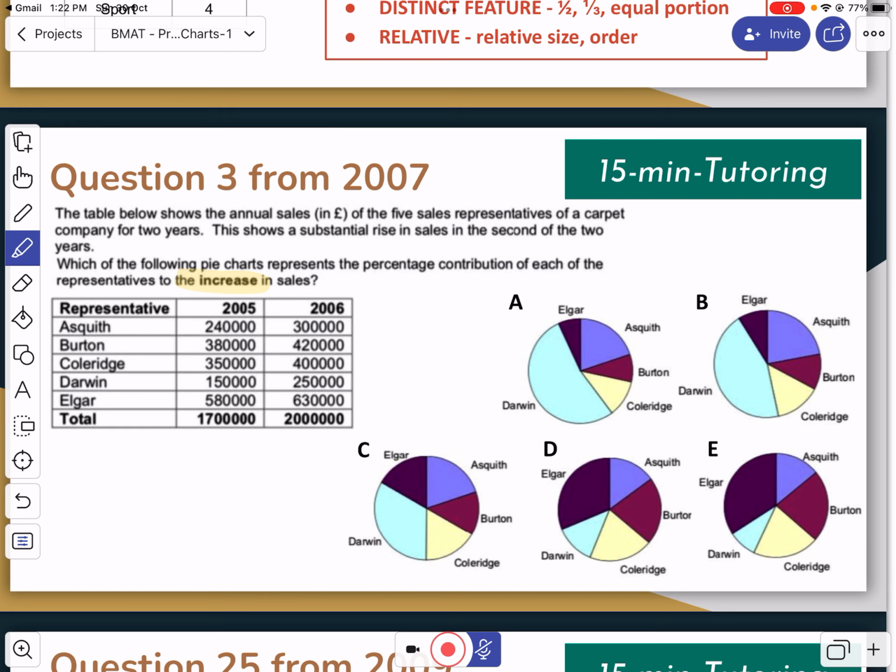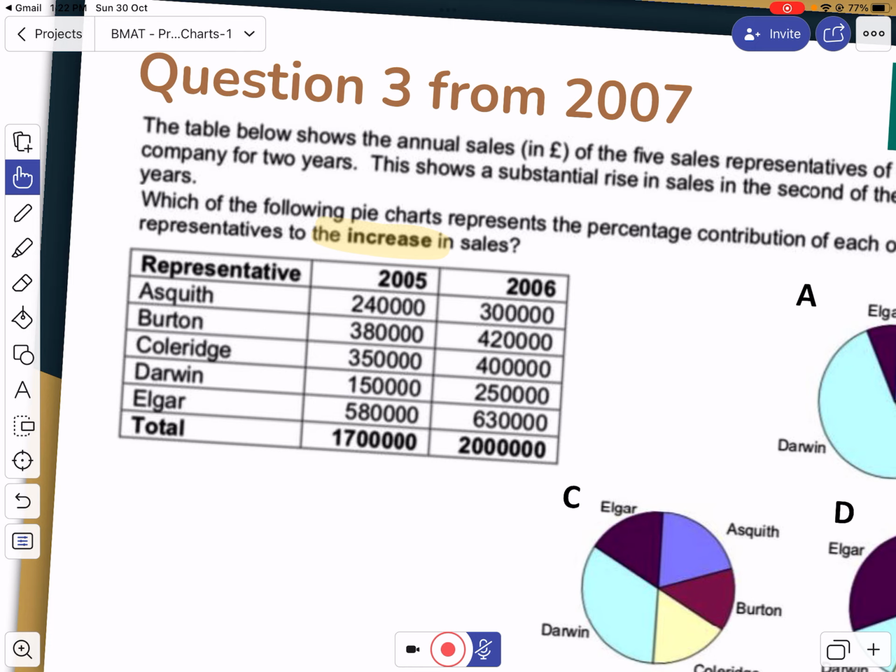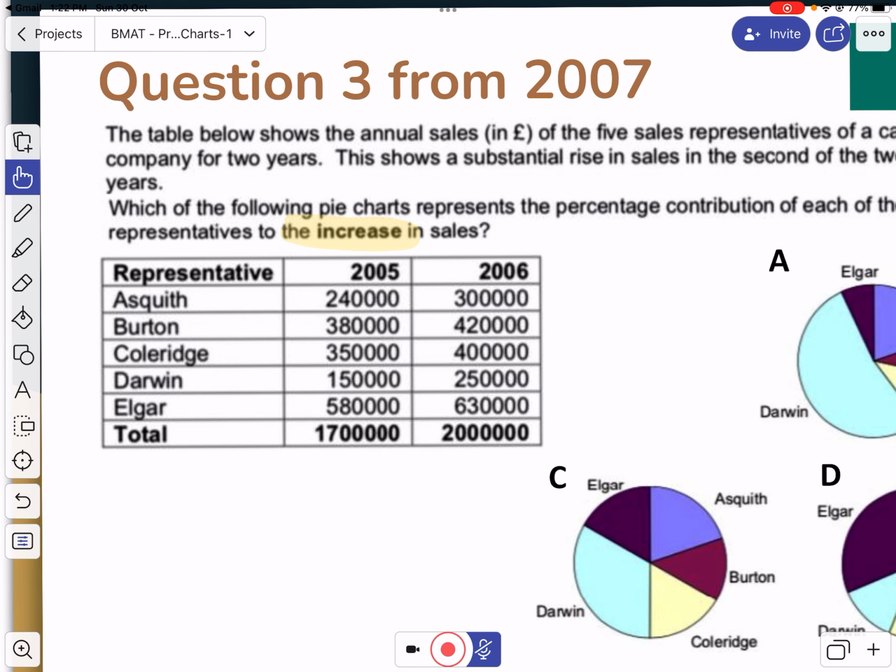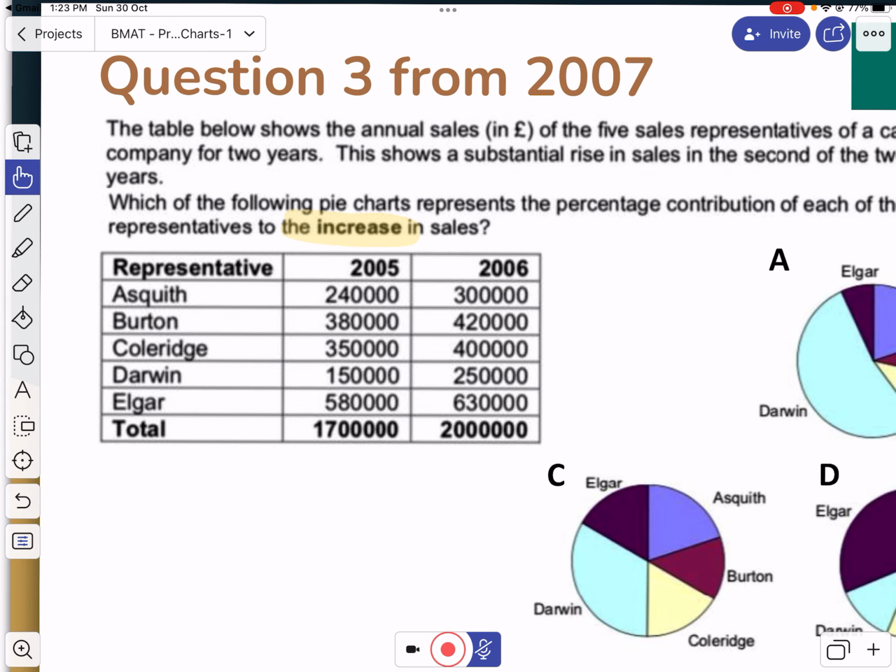So basically, if you look at the data, they give us the name of the representative and the sales in the 2 years. For this question, they don't care about 2005 or 2006. They care about the increase.